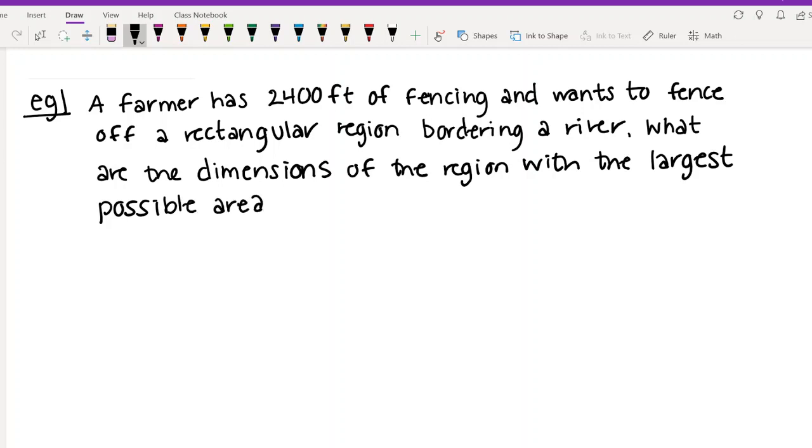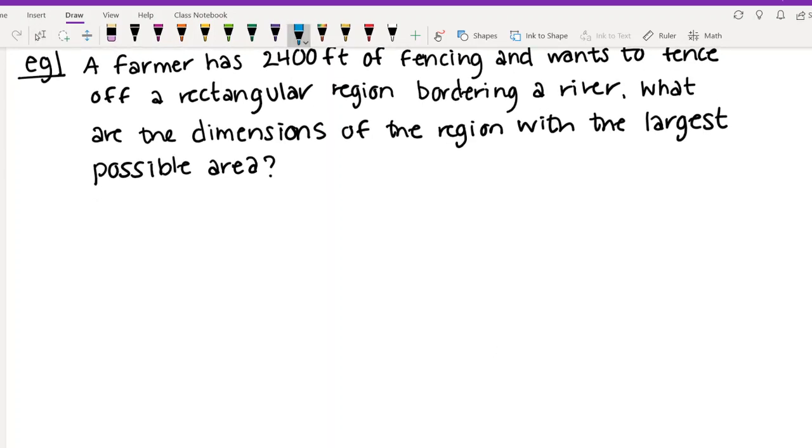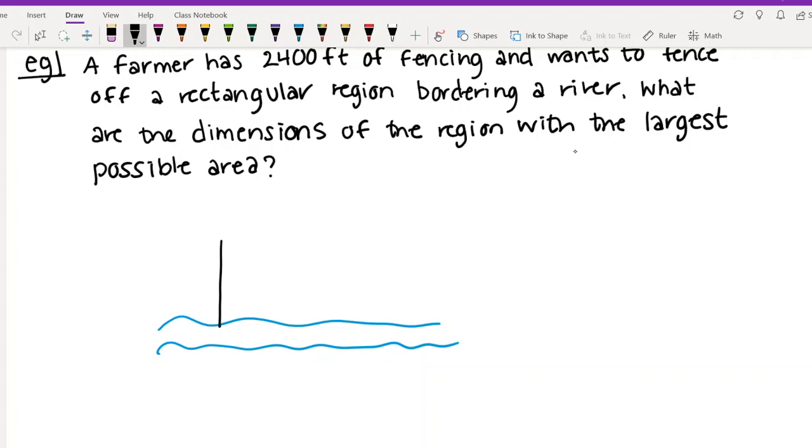Okay. So let's start by drawing a picture, and then we'll jump into answering the questions like what is it that we're trying to maximize, and then go from there. So we have in this situation a river, and we're trying to fence in an area, something like this.